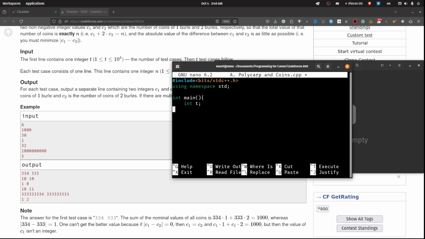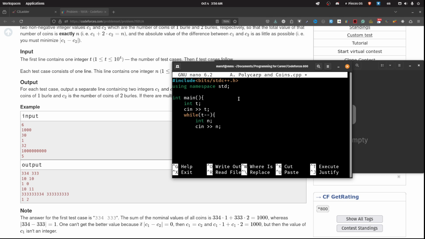Then this is the main function. Integer t for the test cases, while t minus minus. Here integer n, basically cin right shift n. Perfect. So I take the value of n, so this is the time I have to calculate the value of c1 and c2.